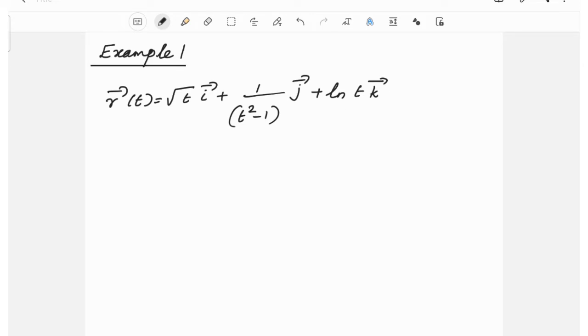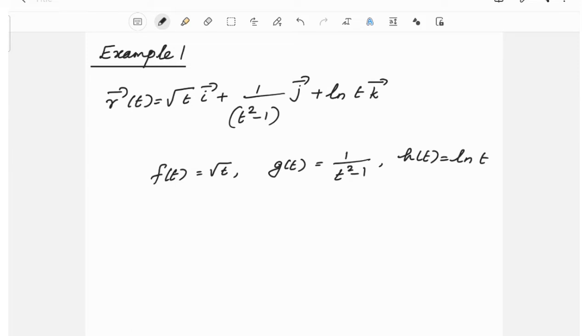For that, we consider each of the component functions and find the intervals on which these functions are continuous, and our final answer will be the intervals on which all these three functions are continuous. So here we consider f of t equal to root t, g of t equal to 1 by t square minus 1, and h of t equal to ln t.